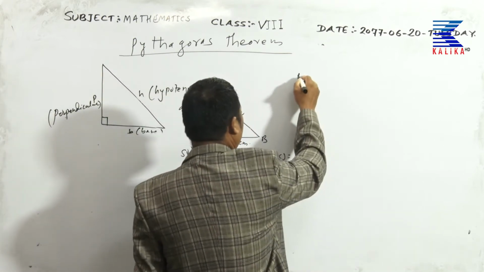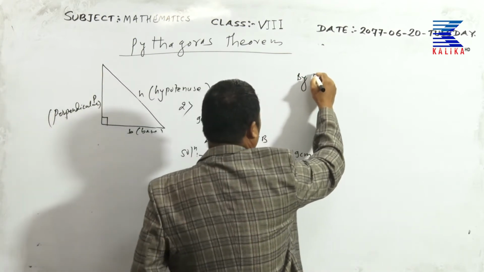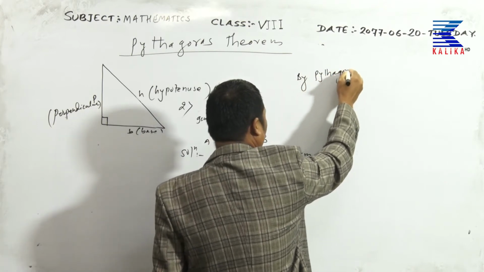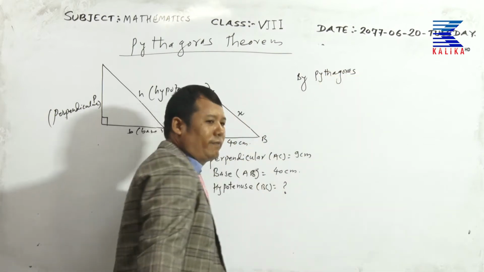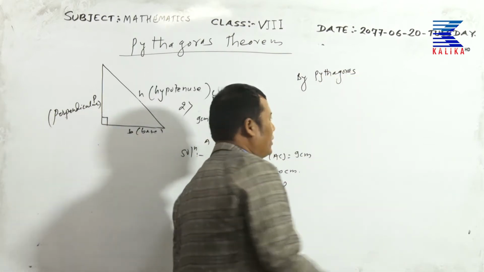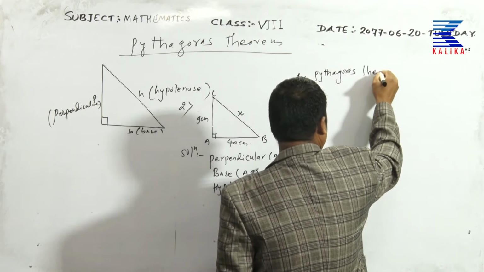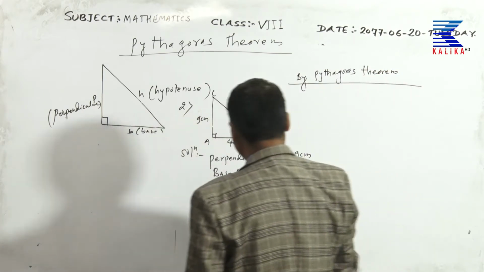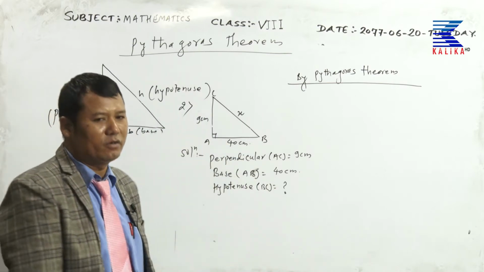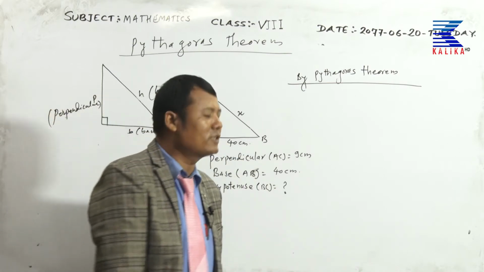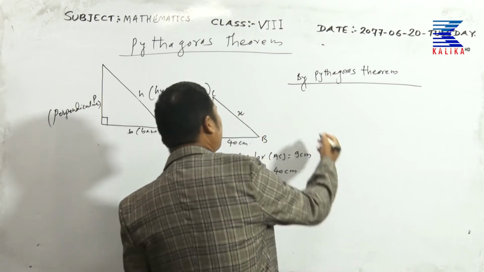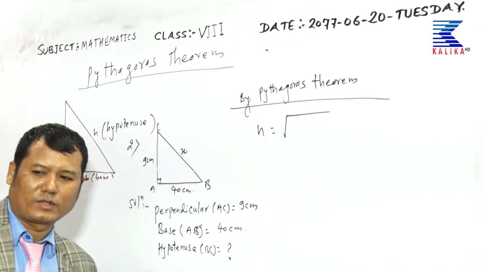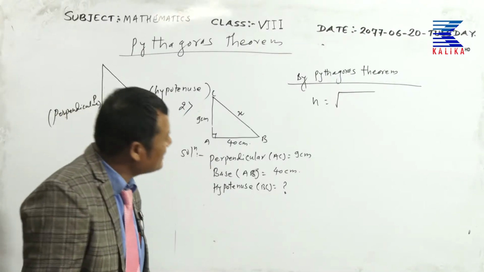By Pythagoras theorem, you find the unknown term. Unknown term is h, and h is equal to under root p square plus b square, since h is the longest side.